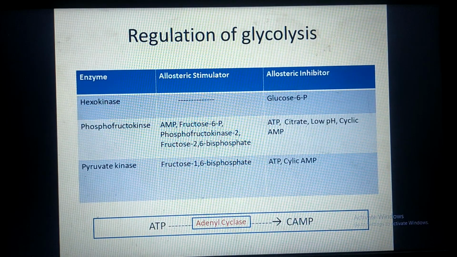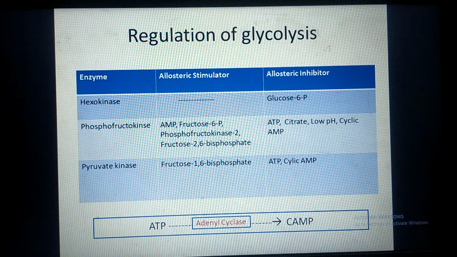Now come to the next enzyme, pyruvate kinase. Inhibitors are the same, ATP and cyclic AMP. When the concentration of ATP is high, glycolysis is inhibited, and the stimulator is fructose 1,6-bisphosphate, which is not a substrate but a pro-substrate of pyruvate kinase.